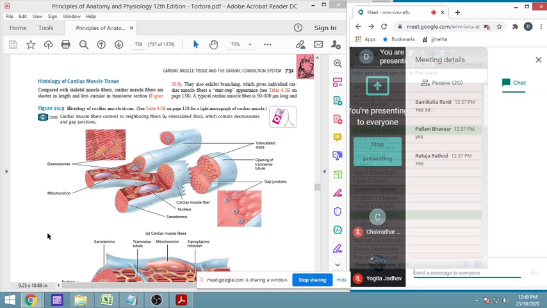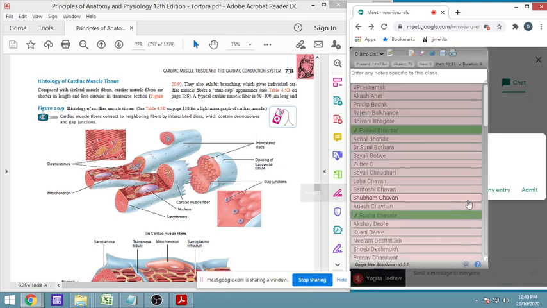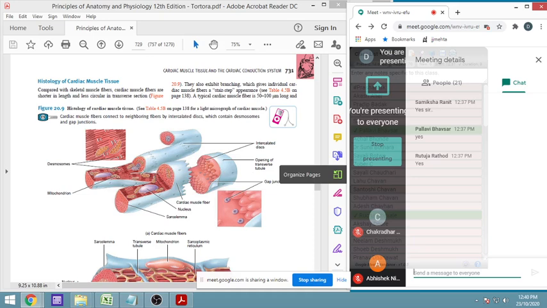Again, as I told you, refer to the tissue chapter. These produce the structure called the gap junction, and with the intercalated disc, this is the first cell, second cell, then this is the H-shaped structure where another cell, a branching of the cell, is there.